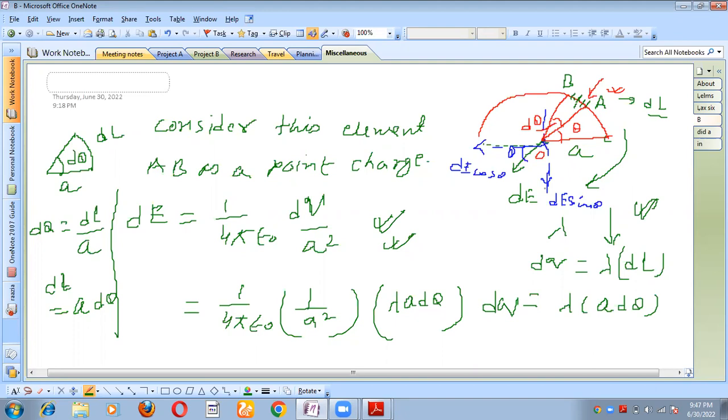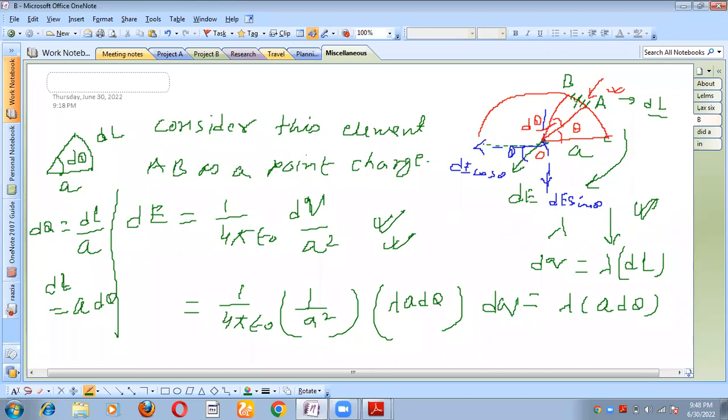A vector cannot be added merely. We have to find directions. So we have broken this electric field into two components. One is along the y direction, which was dE sine theta, and one was dE cos theta.